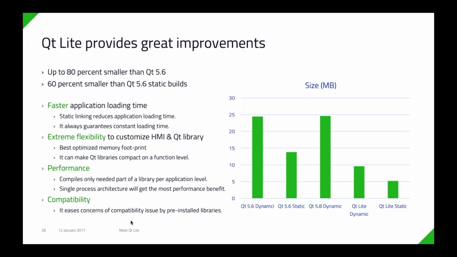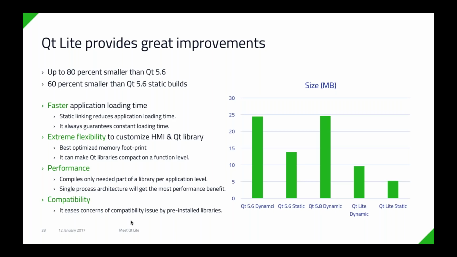So this really allows you to cut out a lot of things in Qt and create very compact and small binaries. We achieved 60% smaller than the static build in Qt 5.6 for this sample application. That in turn also results in faster application startup times, because there's less code that needs to be mapped into memory.